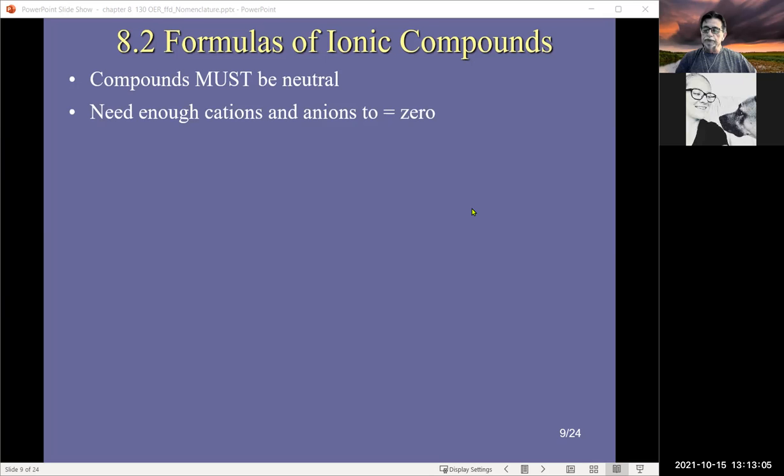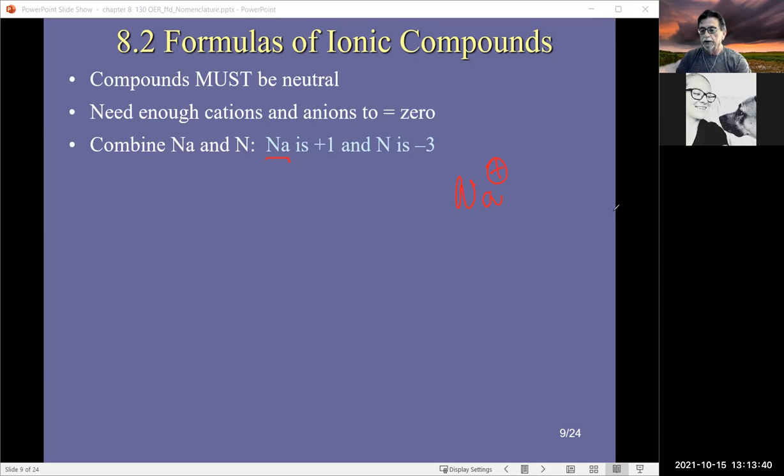What we have to remember is to have enough cations and anions so that when they combine, they equal 0. You'll be given something like: combine sodium and nitrogen to make an ionic compound. Before you can do that, you have to convert them into ionic form. Sodium is in group 1, has 1 valence electron, so sodium will have a +1 charge.